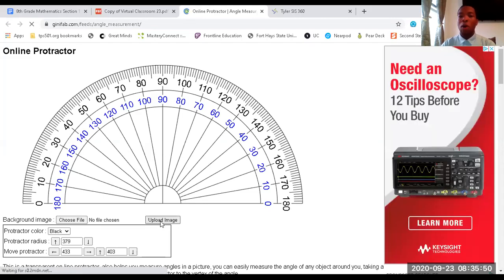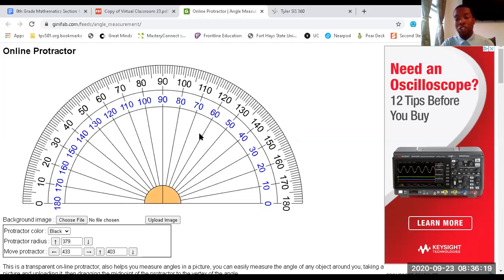What you would do is upload an image, choose the file, and then once you upload the image, you're going to be able to measure with the protractor. So for example, the line of one of the rays would go at the bottom, and then the other line would fall in place with one of these.